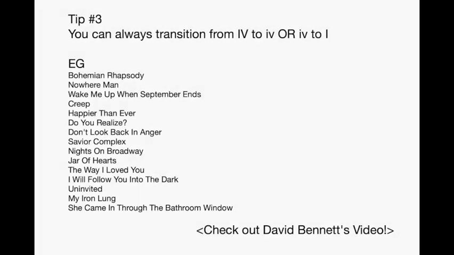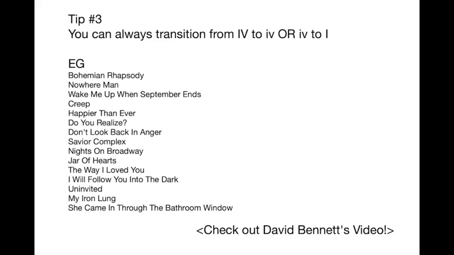You can always transition from a 4 to a minor 4 or from a minor 4 to a 1. So in case you're not aware, we use numbers 1, 2, 3, 4, 5, 6, 7 when we're numbering the notes, like in a major scale, do, re, mi, fa, sol, la, ti, do. We just use numbers. We use Roman numerals if we're referring to chords.